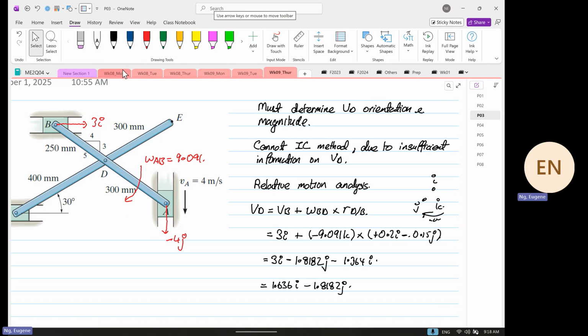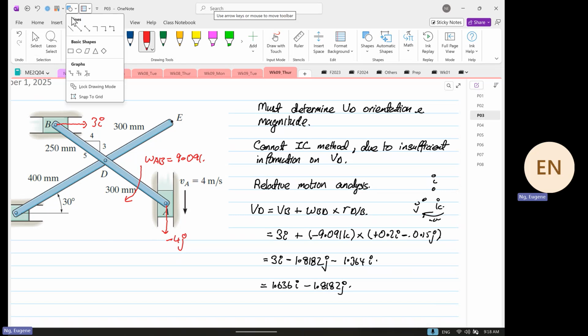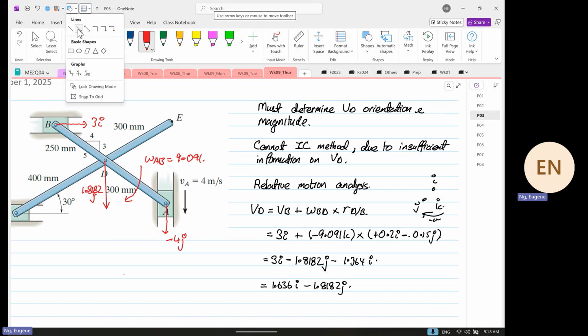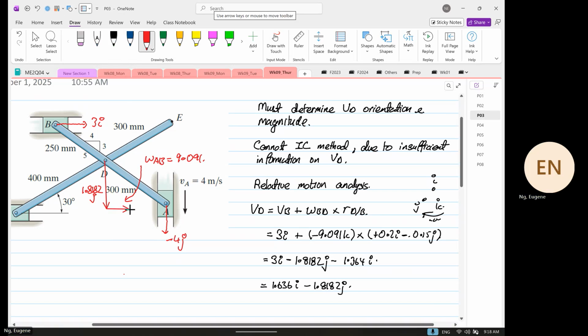Our VD is going down at this angle, at 1.8182 J, and then it's going towards the right, and this is 1.636 I.